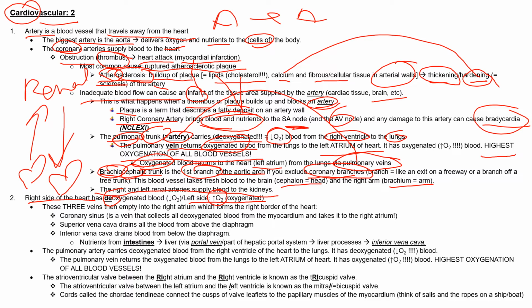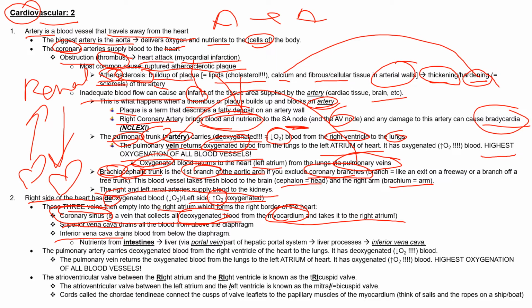So do know that three veins empty into the right atrium: the superior vena cava, the inferior vena cava, and the third one, often forgotten, the coronary sinus, which is a vein that collects all of the deoxygenated blood from the myocardium of the heart itself and dumps it back into the right atrium.